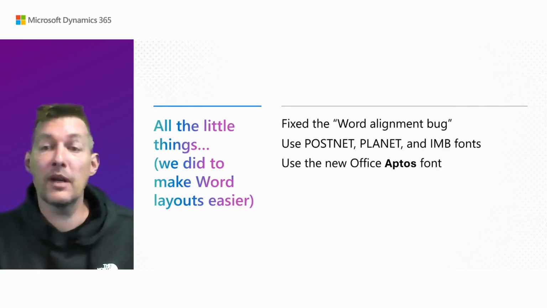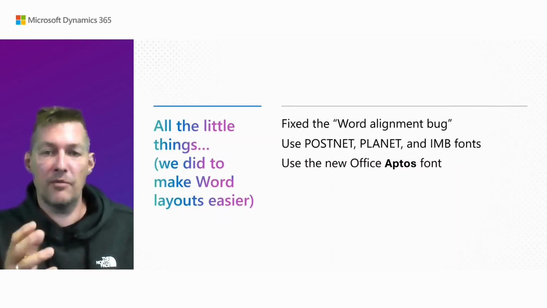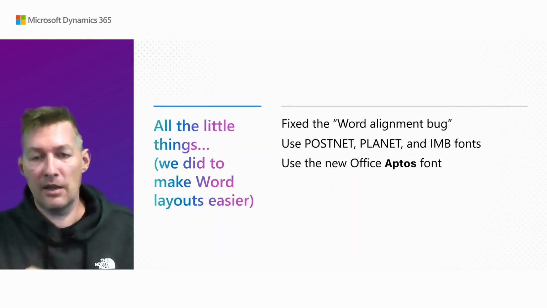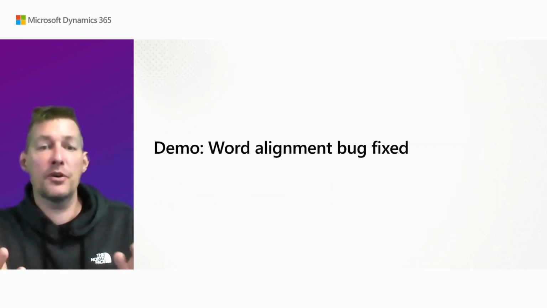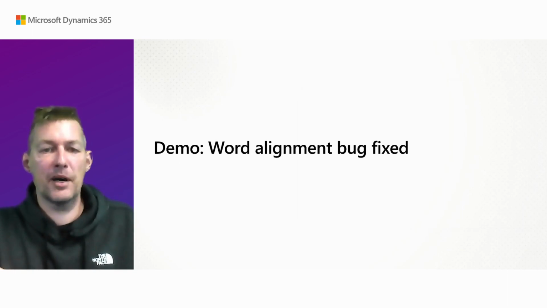We fixed the Word alignment bug, and now you can use fonts if you have barcodes for postal, and then of course the new Office Aptos font. I was going to show you a demo of the Word alignment bug and how it got fixed. But hey, it was fixed in my Word, so I can't show you the old version anymore.